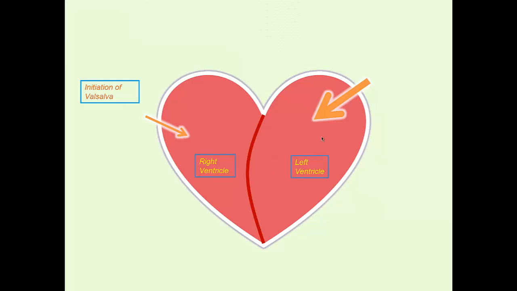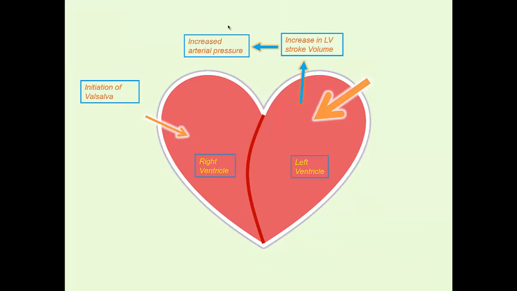The improved LV compliance would tend to increase your left ventricular end diastolic volume at a lower left ventricular end diastolic pressure. So this results in a very brief increase in left ventricular stroke volume, increased arterial pressure. A lot of this arterial pressure with the Valsalva is probably transmitted intrathoracic pressure directly to the intrathoracic aorta.